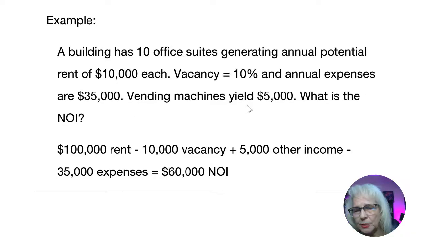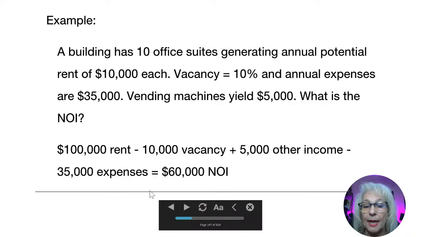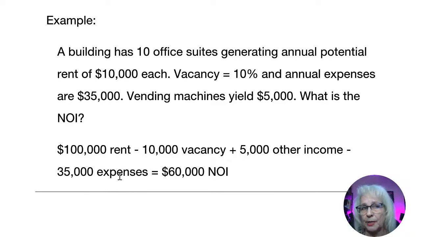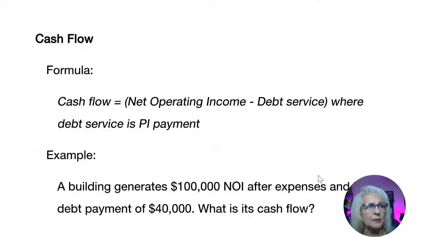The vending machine yield, maybe washer and dryer, anything like that, they gain 5,000. Their NOI is then 100,000 rent minus 10,000 for one vacancy plus 5,000 other income minus 35,000 operating expenses equals 60,000 net operating income. So that's how much they're making each year after all expenses.